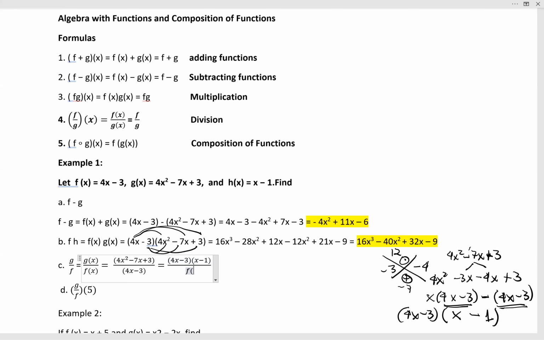Okay, and the bottom is still 4x minus 3. Okay, and now it's time to simplify. You can just simplify it and it becomes x minus 1.